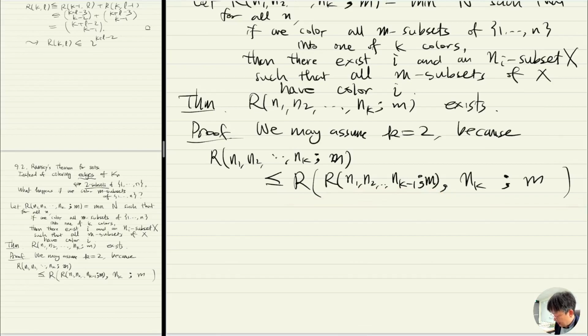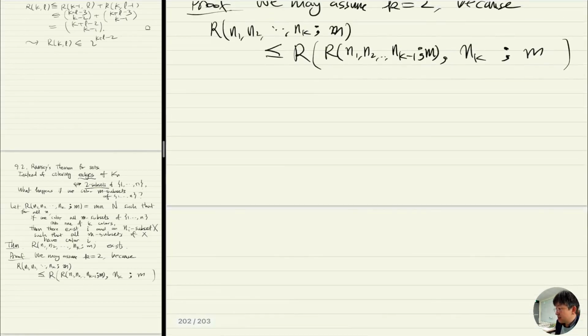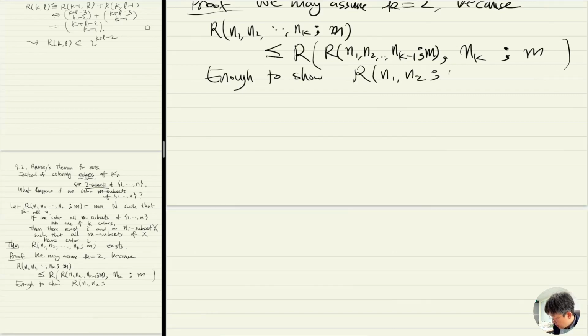I mean, we assume that if the number of colors is smaller, then we already have a true statement. So now we only have 2 colors. So it is enough to show R(N1, N2; M) exists.